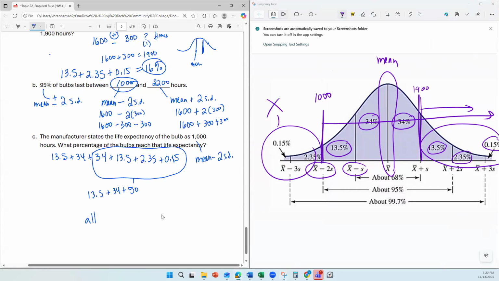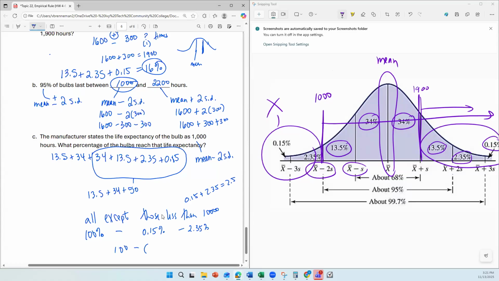everything, so all except those less than 1000. The all is 100%, except means I'm subtracting the 0.15 and the 2.35, or subtracting the result of adding those. 0.15 plus 2.35 is 2.5.